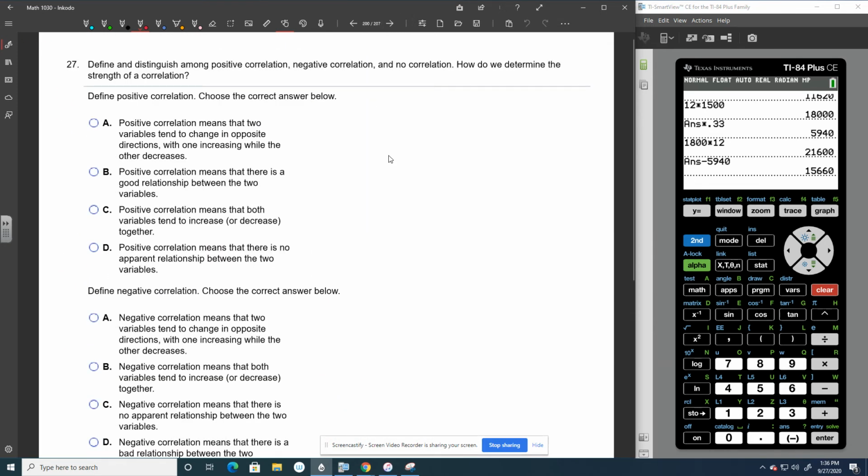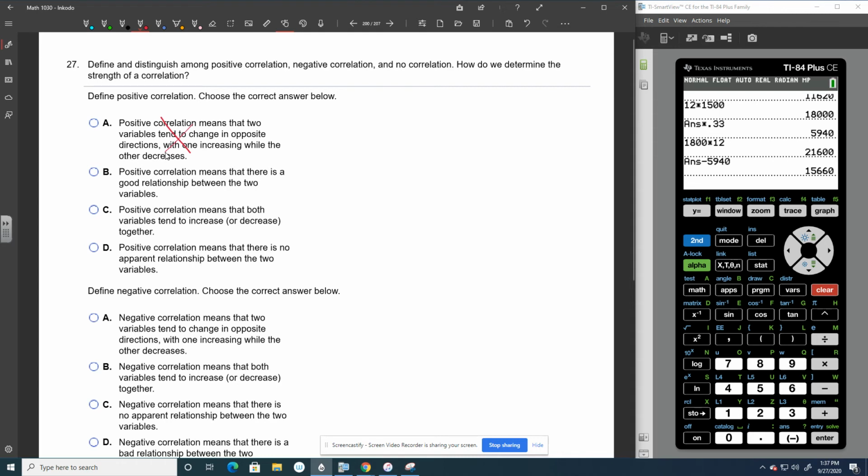Okay, 27, define and distinguish, ooh, fancy, among positive correlation, negative correlation, and no correlation. How do we determine the strength? Define positive. So remember, positive means when one grows, the other grows, or when one decreases, the other one also decreases. So positive correlation means that two variables tend to change in opposite directions.